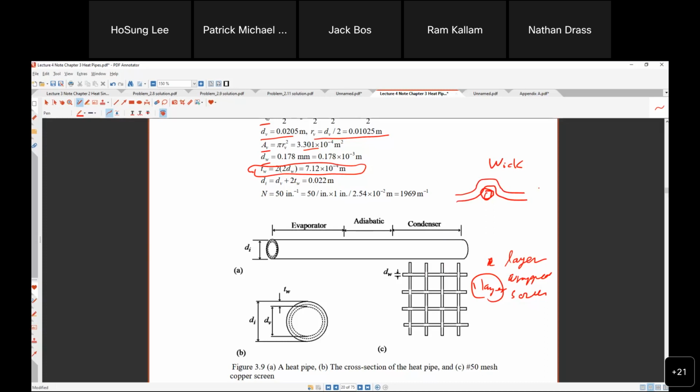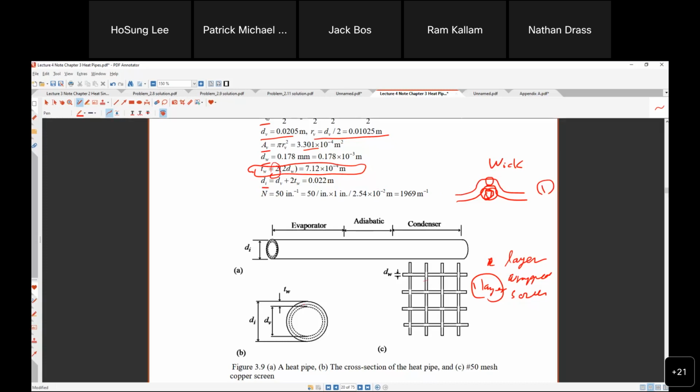This is one layer. One and one, so two wire diameter. So two layer, you have to multiply by 2. If you understand, say yes. Yes. Okay, good. That's the wick thickness.